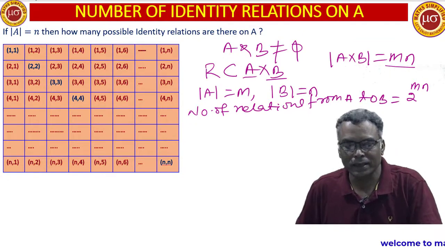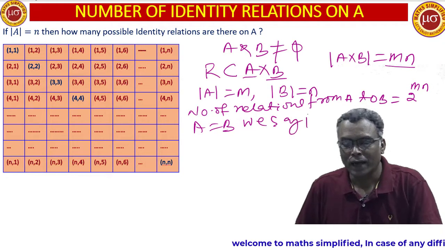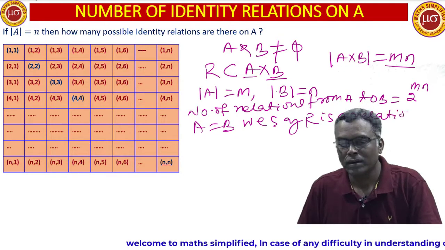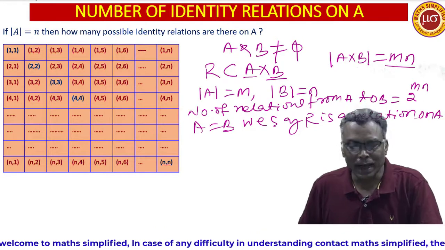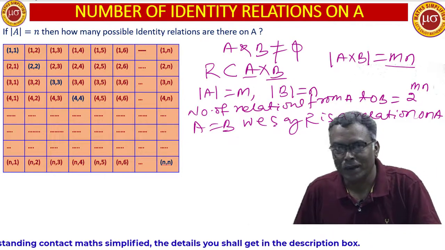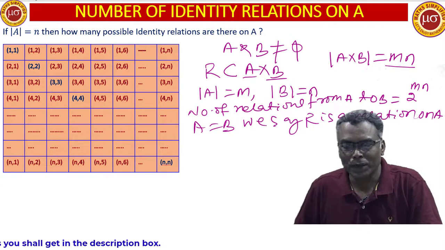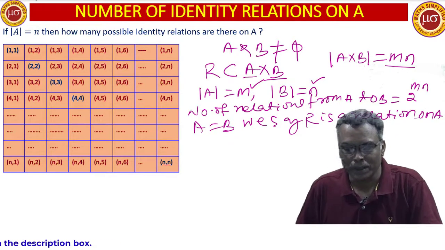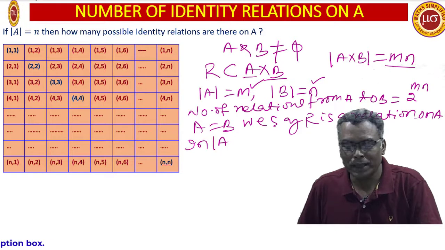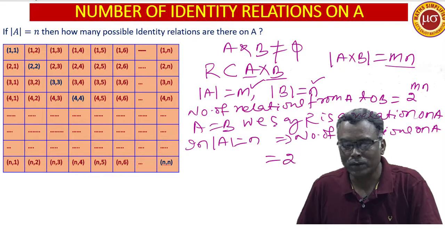In case A is equal to B, we say R is a relation on A. In that situation, the total number of relations on A, instead of 2 to the power mn, will be 2 to the power n square, because if A equals B, the number of elements of A is equal to the number of elements of B. If the number of elements in A is n, then the number of relations on A is 2 to the power n into n, that is 2 to the power n square.